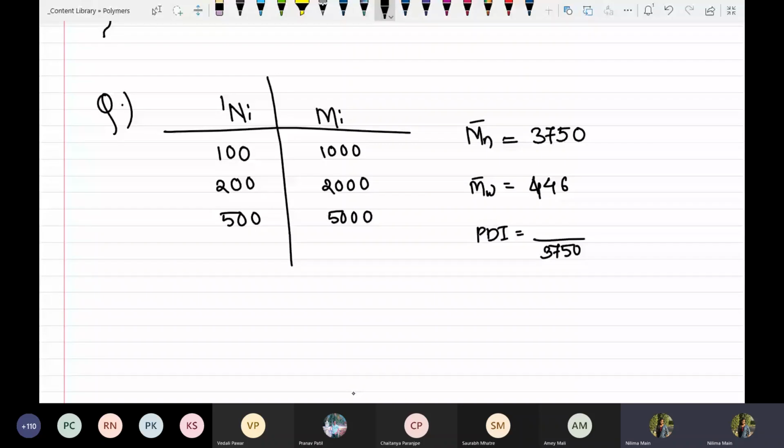Okay. Calculate the same: number average, weight average, and PDI.